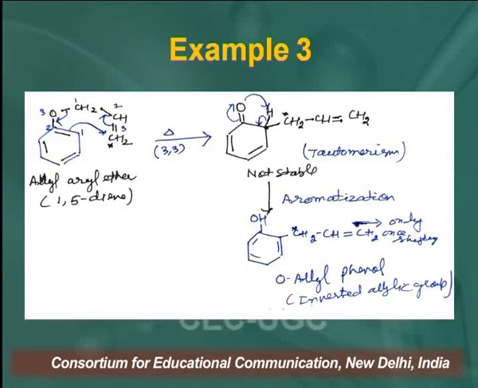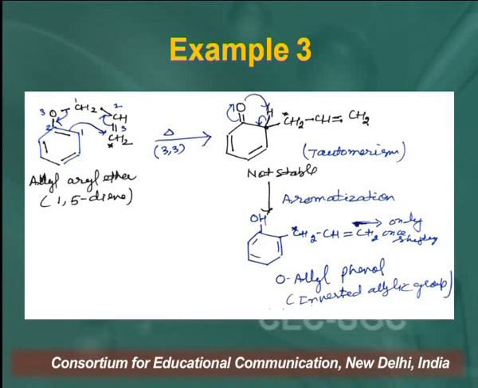So again the bond between oxygen and allylic carbon, which I have represented by 1 and 2, right? The shifting of that sigma bond takes place towards the oxygen, and the bond in the aromatic benzene ring, that is the pi bond, shifts towards the double bonded carbon present on the aromatic ring.